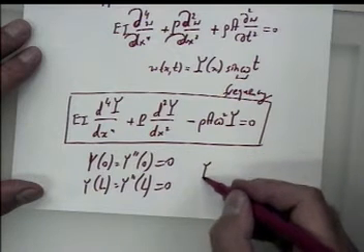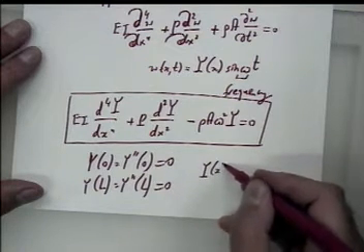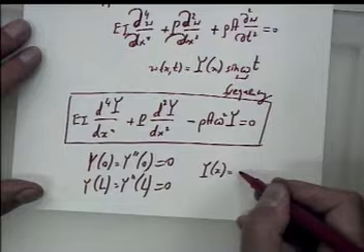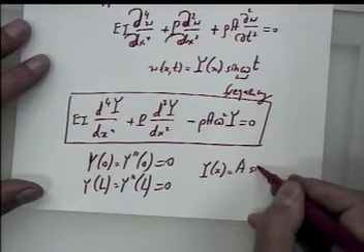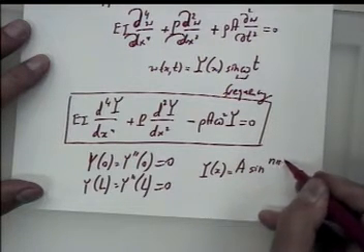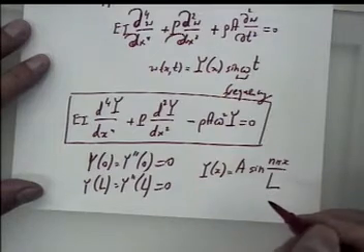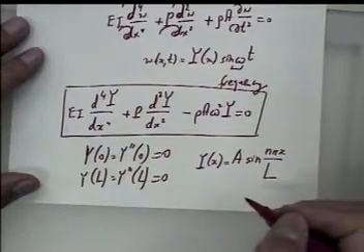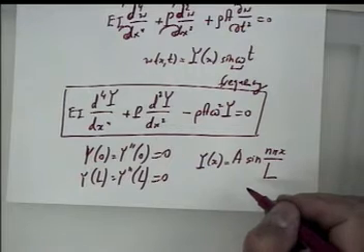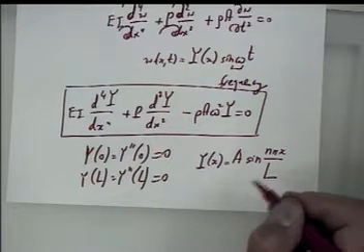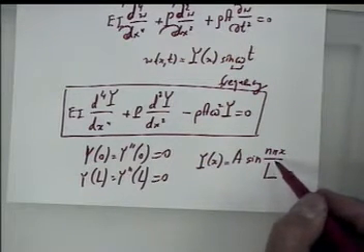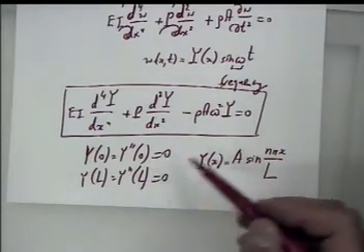So we can say that Y of x is some constant A times sine n pi x over L, because it is a simply supported column, and this function satisfies all the boundary conditions.